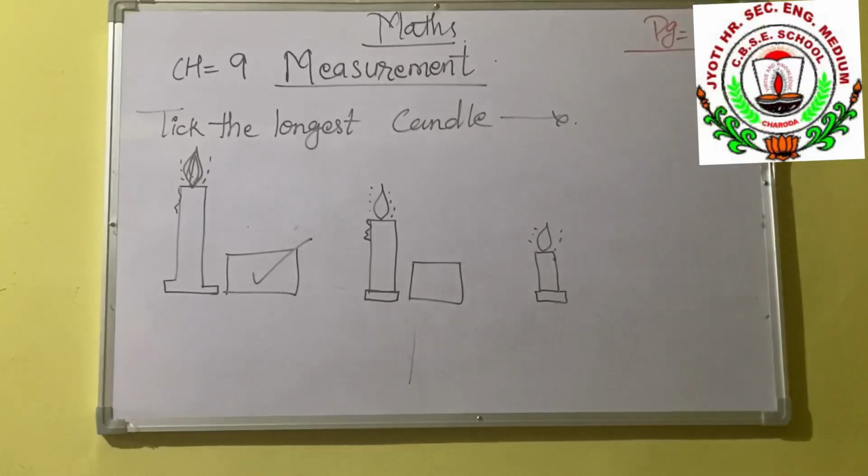Now we will take big and small. What do you mean by big and small, children? Take out page number 119.